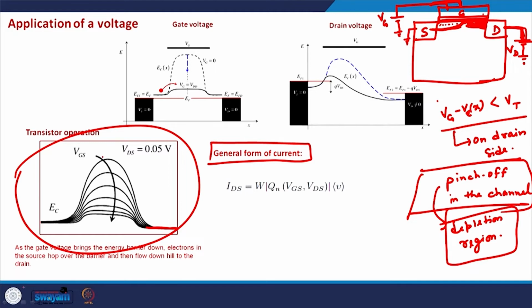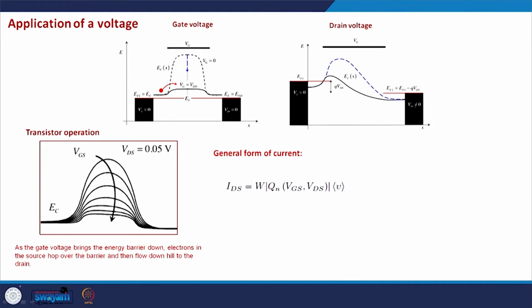One is the notion of the threshold voltage, that is the gate voltage at which significant current can start in the device, which means that is the gate voltage at which the inversion layer is formed in the NMOSFET. And second is the notion of the pinch off. Now let's try to understand the current inside the device.